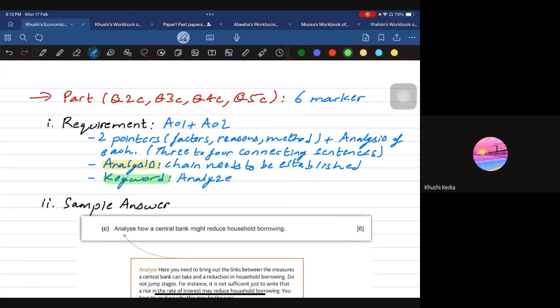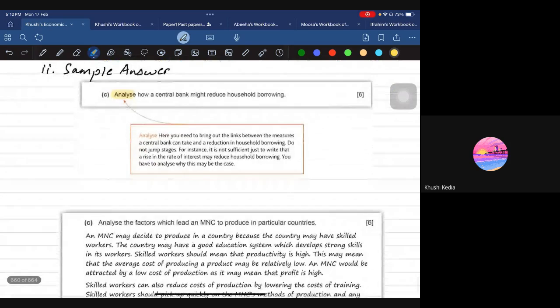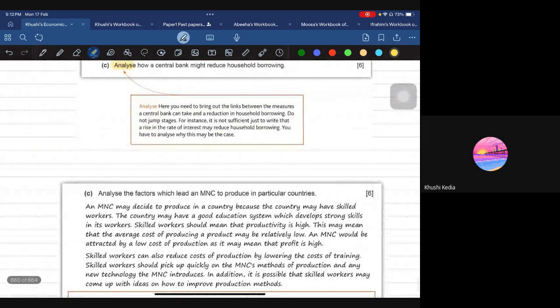Now the sample answer. The keyword again, if we identify here, is analyze. Our central bank might reduce the household borrowing. Now, coming to the main part, I want you to do this question.